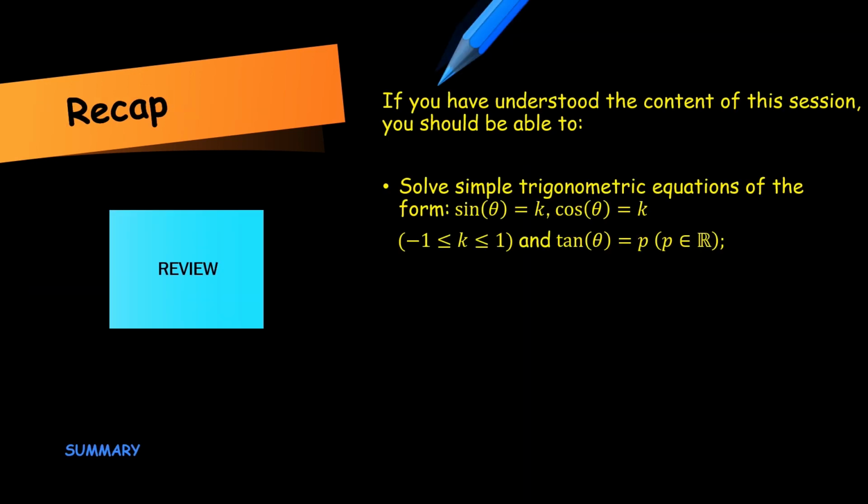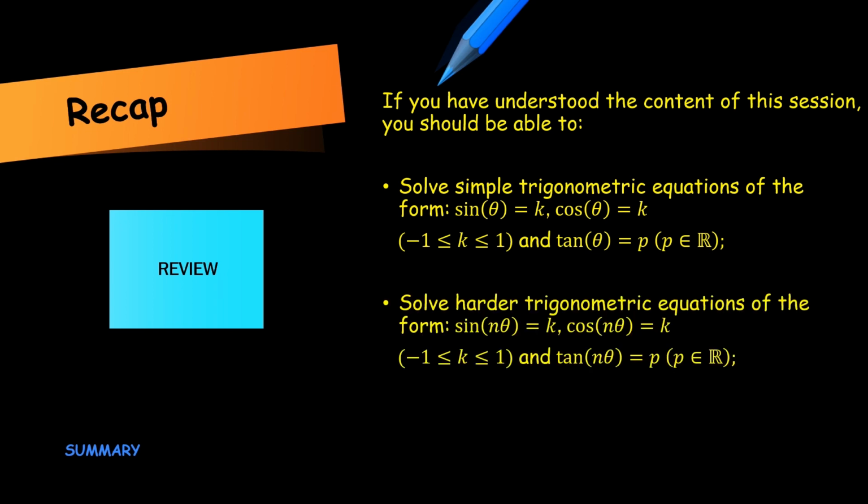So this brings us to the end of this session. If you have understood its contents, you should be able to solve trigonometric equations of the form sine theta equals k, cos theta equals k for k between -1 and 1, and tan theta equals p for p in the real numbers.